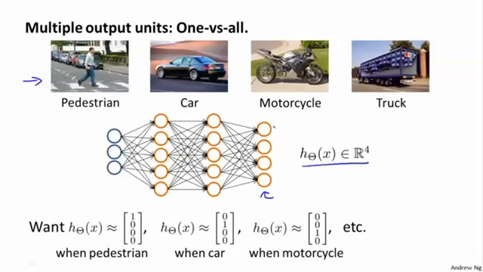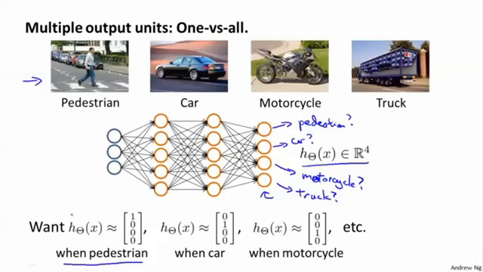What we're going to try to do is get the first output unit to classify: is the image a pedestrian, yes or no. The second unit to classify: is the image a car, yes or no. This unit: is the image a motorcycle, yes or no, and this one: is the image a truck, yes or no. Thus, when the image is of a pedestrian, we would ideally want the network to output [1,0,0,0].